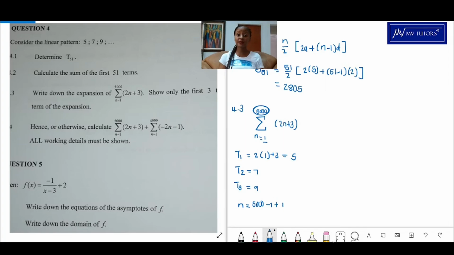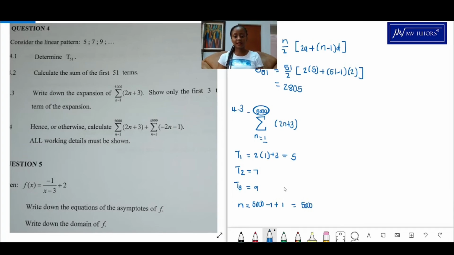Okay, so every time you take the value on top minus the value at the bottom, and you add 1. Okay, so you add 1 always. Please don't forget that 1 that you add. So in essence we have 5,000 terms.